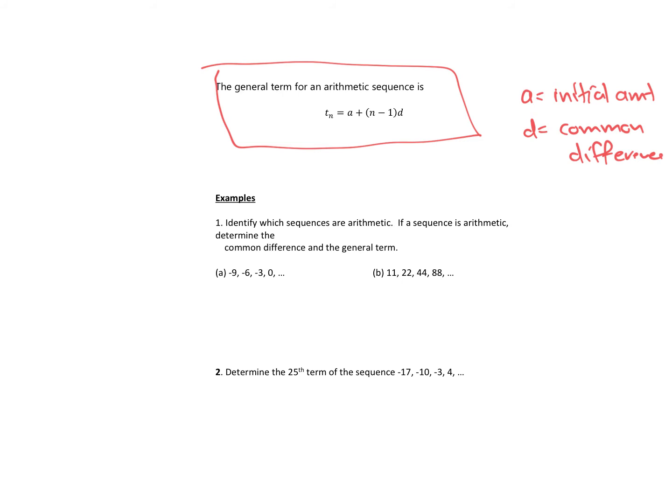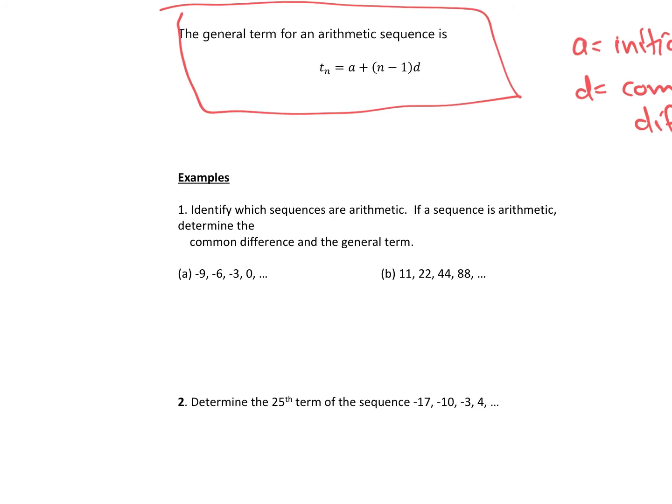So for example, in the first question it says, identify which sequences are arithmetic, and if it is, find the common difference and the general term. What we can see is, in the sequence, does it go up or down by the same amount? If I go from -9 to -6, I am increasing by 3. If I go from -6 to -3, I am increasing by 3 again.